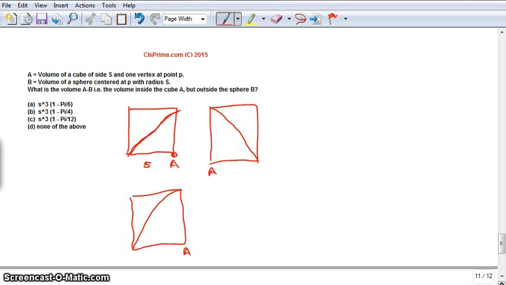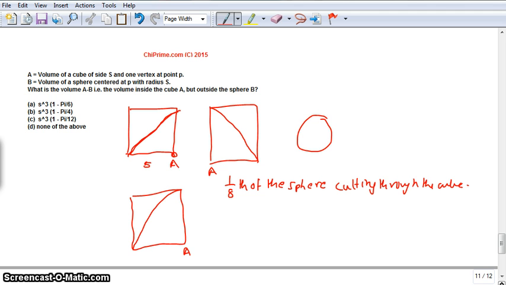So in other words, essentially you have 1/8 of the sphere intersecting the cube, cutting through the cube. A good way to visualize this would be if you consider a sphere as a lemon, then an octant of that lemon typically would represent the volume of interest here.